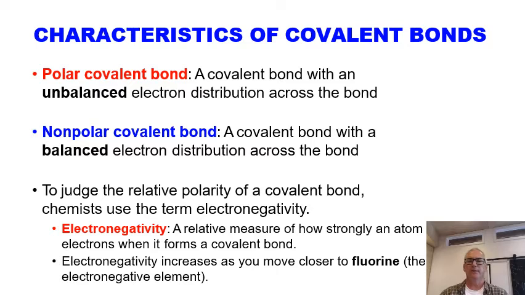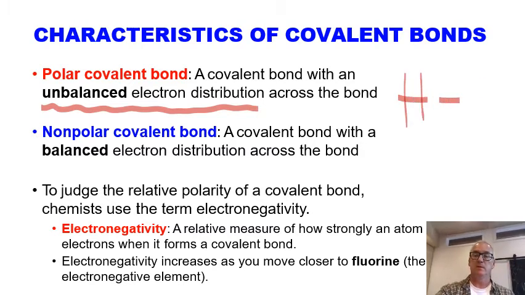So a polar covalent bond is just what I showed you a minute ago. Two atoms, one is more electronegative than the other. One pulls electrons toward itself much stronger than the other one. And so we have an unbalanced electron distribution. One is electron weak. The hydrogen is electron weak.